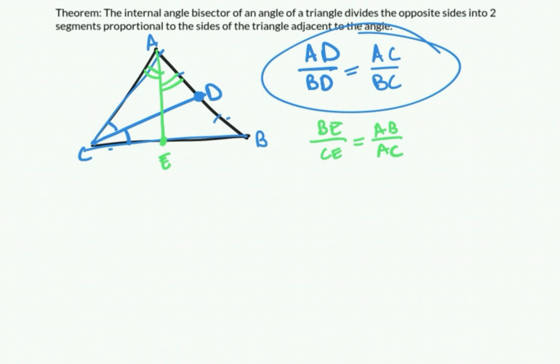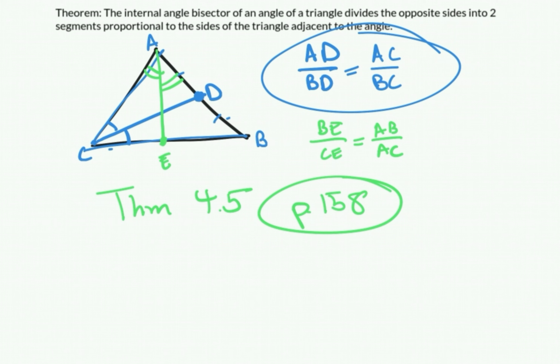The proof for this is theorem 4.5 on page 158 in your book. And the proof is fairly straightforward. So I'm going to refer you to read that in your textbook on page 158, because I've spent plenty of time talking through proofs already on this, and I think you can read through and understand that one on your own.